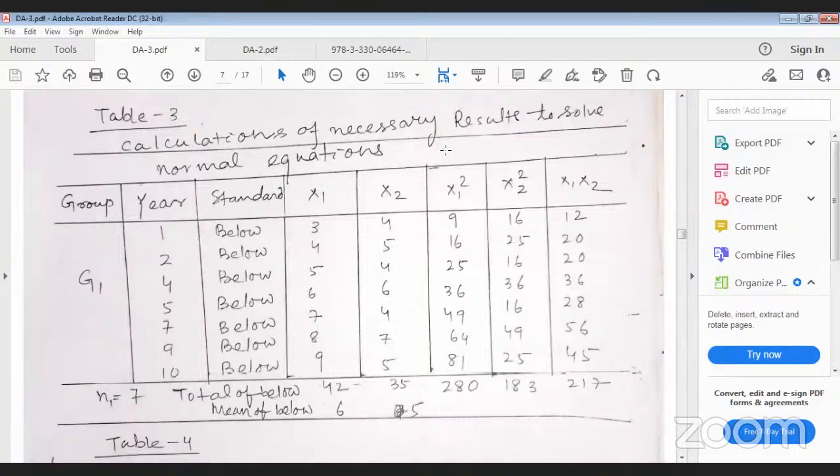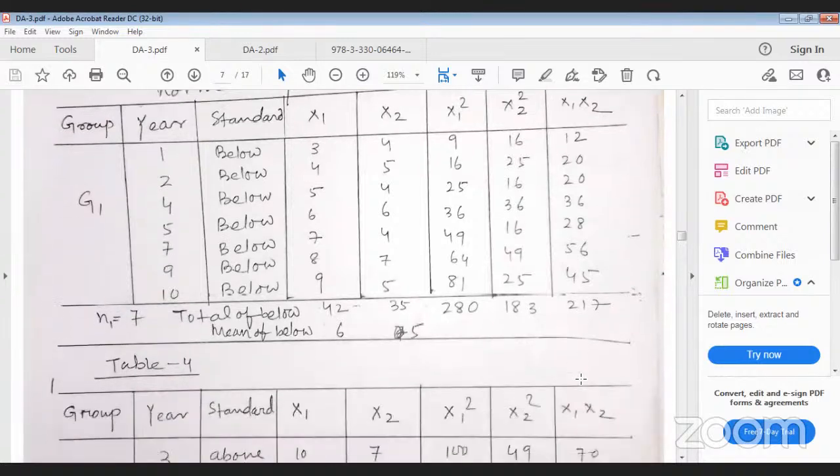So what you have to do? You know that group 1 means below: the years 1 to 3, 1 to 4, 5, 7, 9, 10. For that case, x1 and x2 you have already written, and you have to calculate the extra, that is x1 square, x2 square, and x1 x2. Then calculate the total of all these. Similarly, table 4 for group 2.